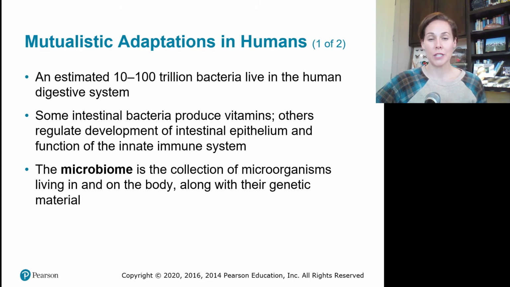Some intestinal bacteria produce vitamins, so it's mutualistic in that they have a house and a place to live inside your gut and they're giving you vitamins. And others might regulate development of the intestinal epithelium, which is the cells in the intestine, and may function in the innate immune system. So they might have effects on your immune system, helping it out, helping produce cells when you need cells, or providing vitamins.